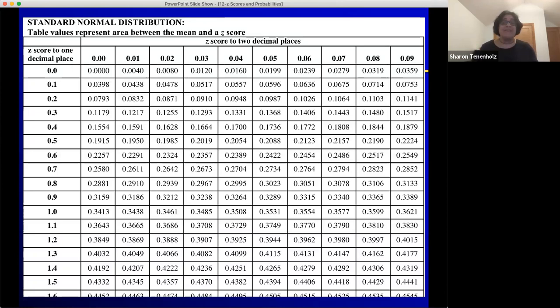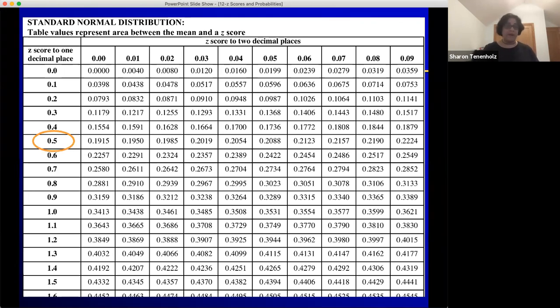But you're right in thinking you can just use the positive version of the number because, again, the table values represent the area between the mean and the z-score, and the distribution is symmetrical. So the area between negative 0.5 and 0 is the same as the area between positive 0.5 and 0 because it is perfectly symmetrical.